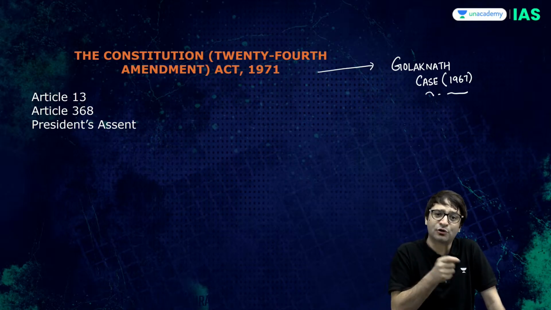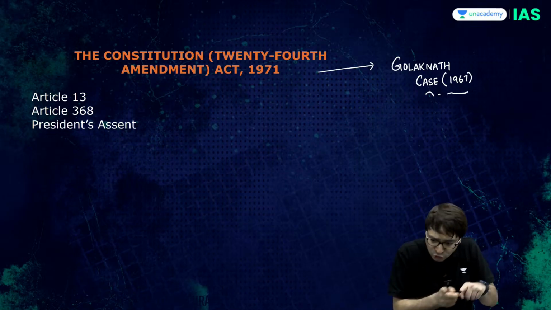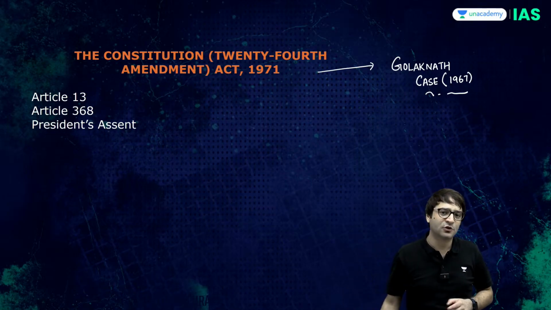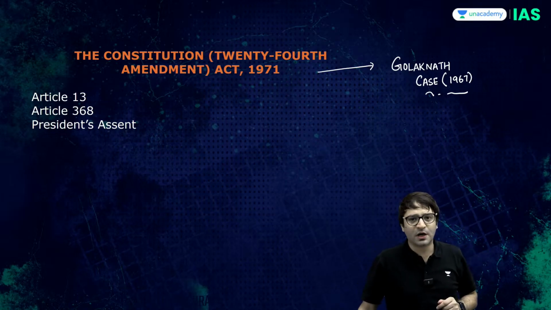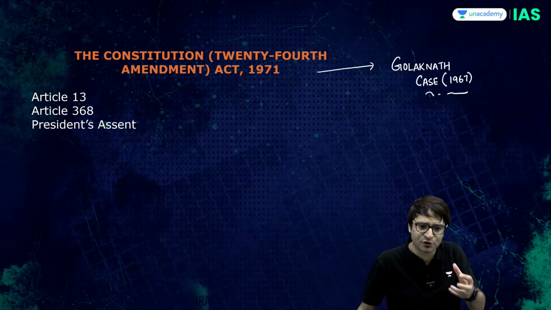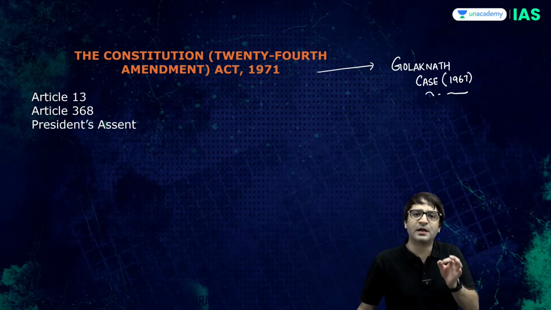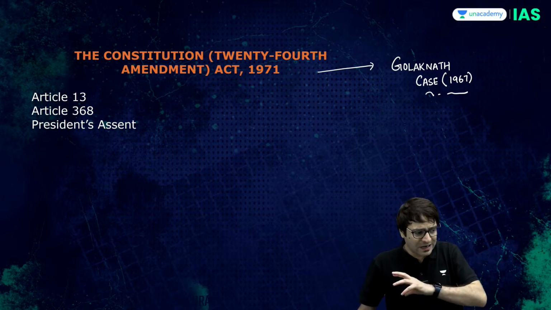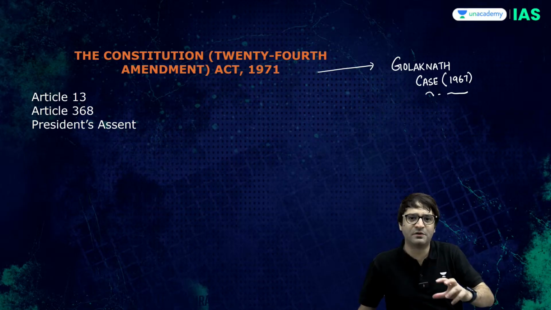It does not talk about a Constitutional Amendment Act. So through a Constitutional Amendment Act, we can make changes to fundamental rights. Supreme Court said, no, you can't do that. Because law means Constitutional Amendment Act as well. That means even using a Constitutional Amendment Act, you cannot modify, abridge fundamental rights. Fundamental rights, long story short, are beyond the amending powers of the Parliament.